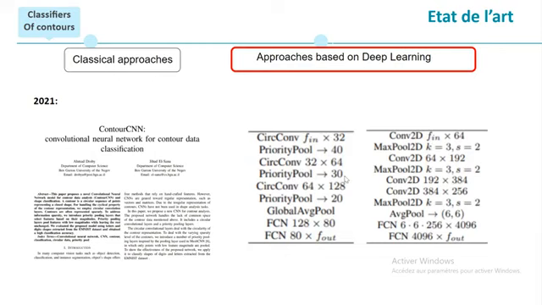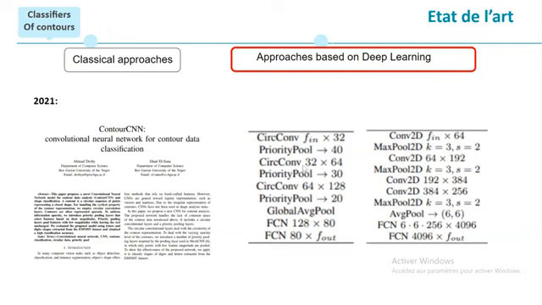Here we can see the AlexNet architecture on the right, and the way they are adapting it for this architecture on the left. There are circular convolutional layers, then priority pooling layers, again circular convolution, priority pooling, circular convolution, priority pooling, three times. Then we find the global average pooling layer and a typical fully connected neural network for the classification.